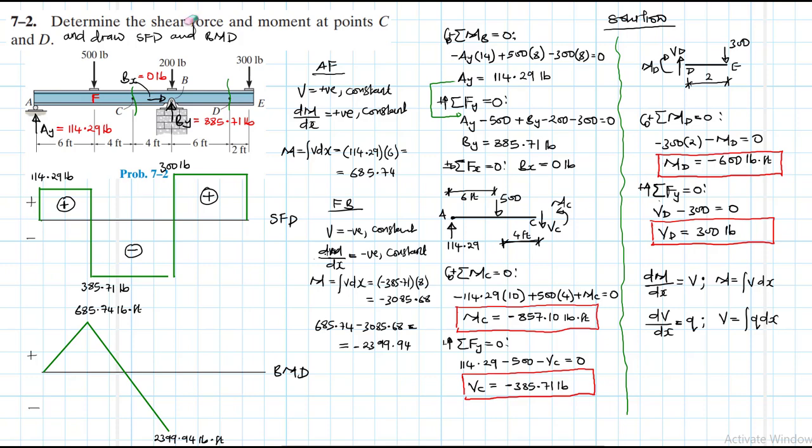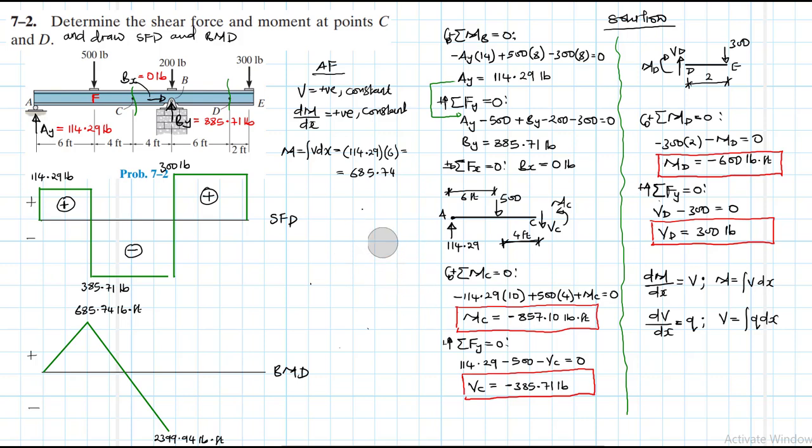Alright, and then finally let's find the remaining part, that is from B to E. Shear is positive and constant, and our dM/dx is also positive and constant, and our M is the area under the shear force diagram, which is just equal to 300 times 8.